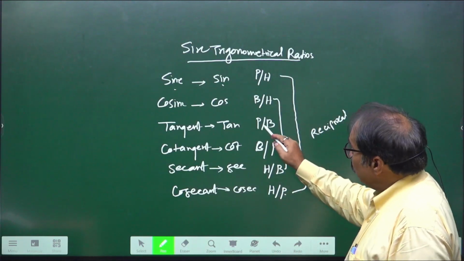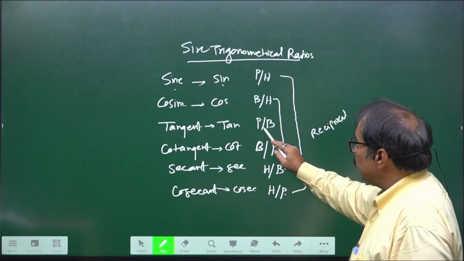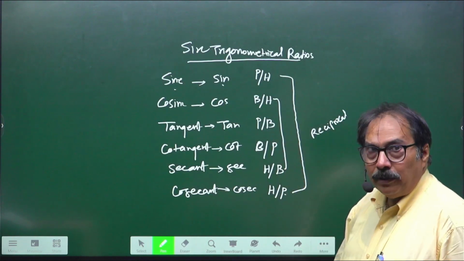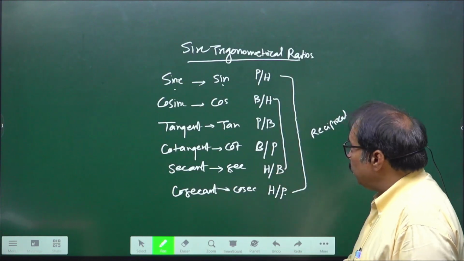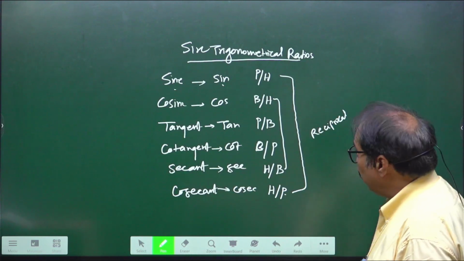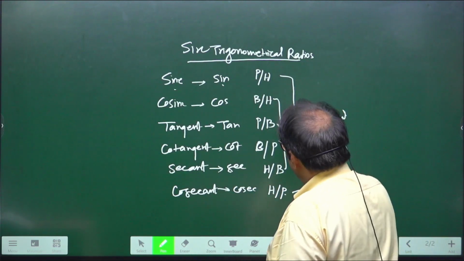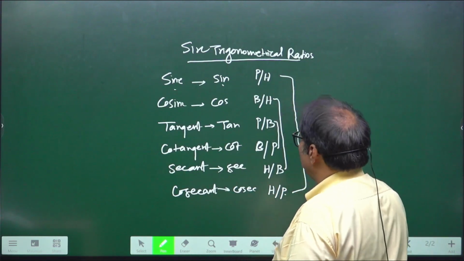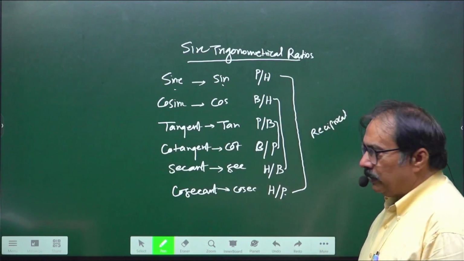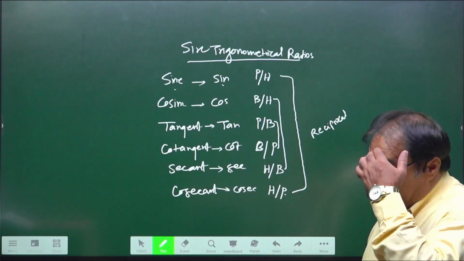Now see, tan is the ratio of perpendicular upon base and cot is the ratio of base upon perpendicular. So tangent and cotangent are reciprocal to each other.